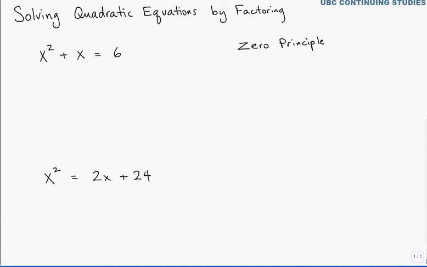So we have to learn a completely different technique for solving these equations. And that technique relies on a principle called the zero principle. So imagine I told you I'm thinking of two numbers, and their product is equal to 0. What do you know about those two numbers? So a times b is equal to 0. Well, you know that one of the numbers is 0, or the other number is 0.